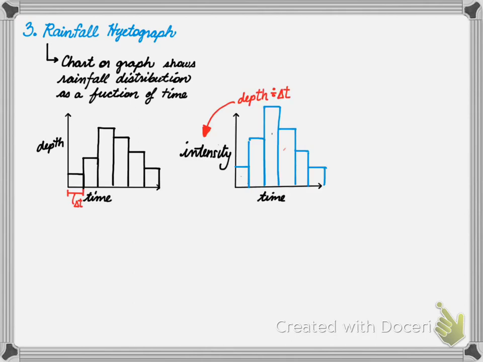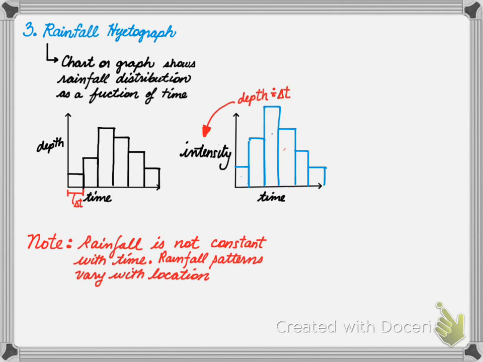Many times a hyetograph is shown as a rainfall intensity as a function of time, so it is important to be able to convert rainfall depth into rainfall intensity. All that is required is to take the total depth of rainfall for the given time period and divide it by the change in time. Note that rainfall is not constant, and it changes both with time and location.